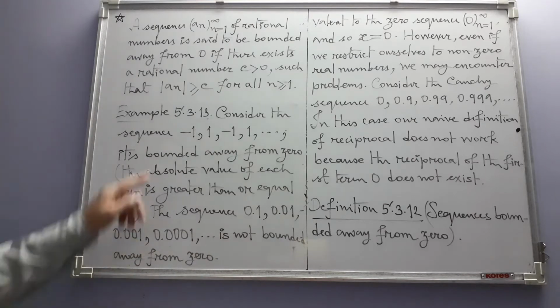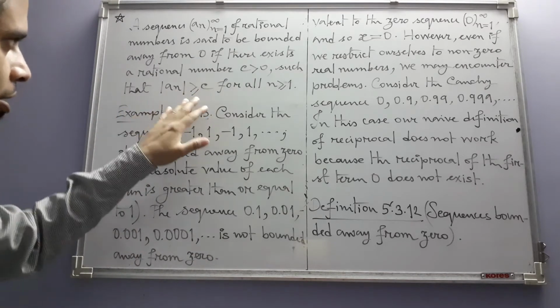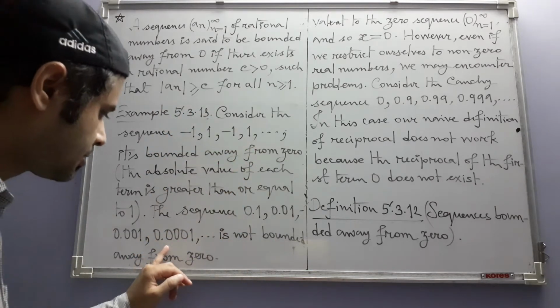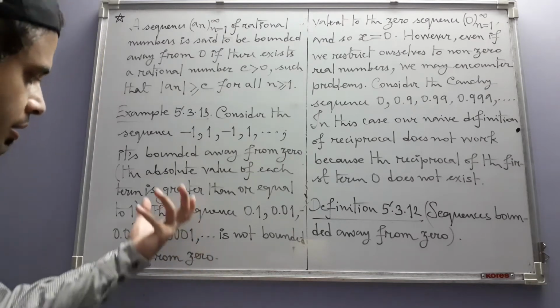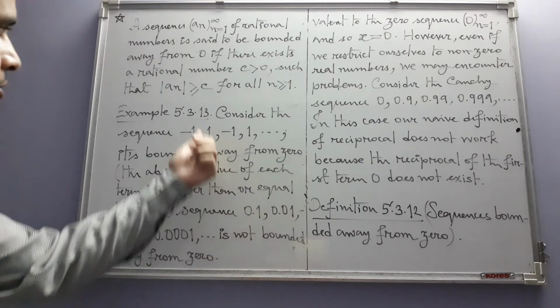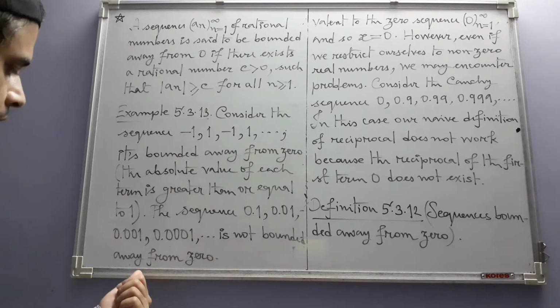Bounded away from 0 means there is a limit to how small the terms of the sequence can be. Here, however, the terms are getting smaller and smaller in size or magnitude without any such lower bound, without any such limit. So that's why it is not bounded away from 0.